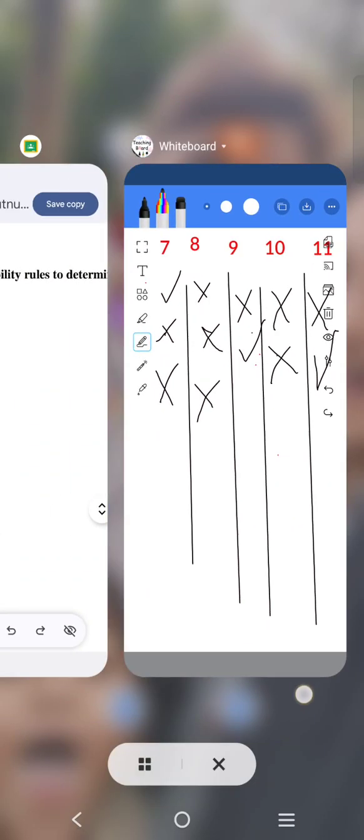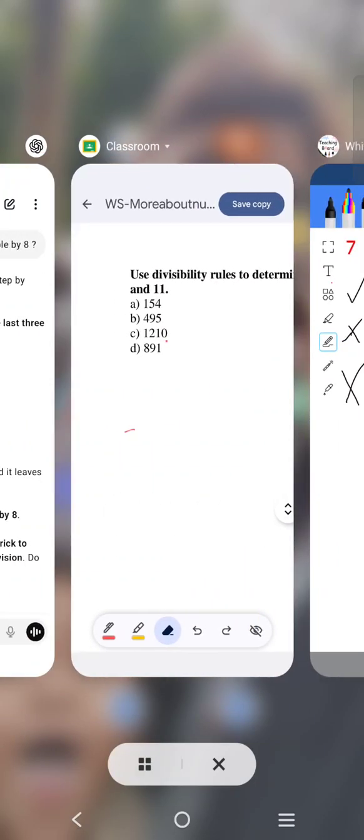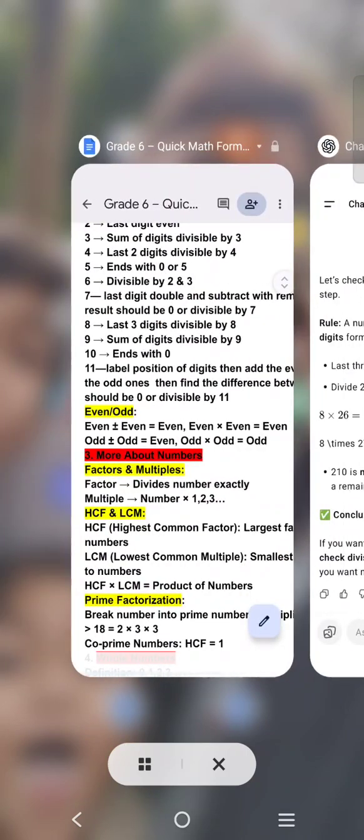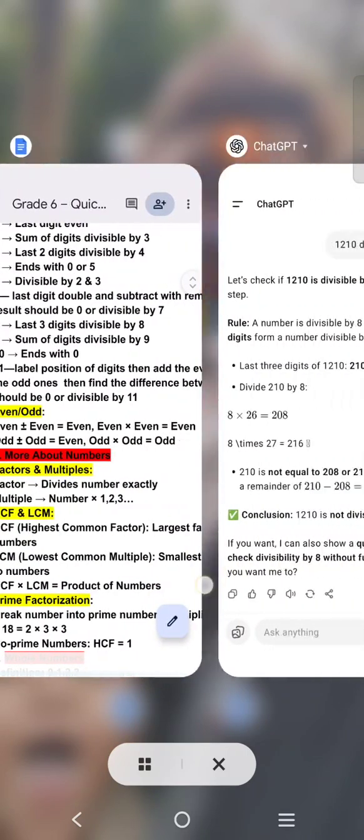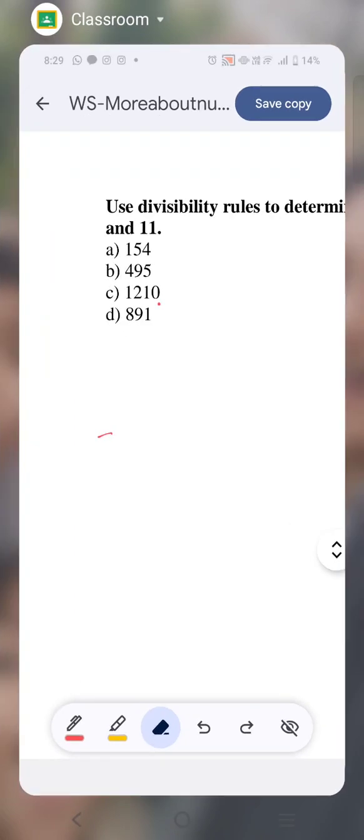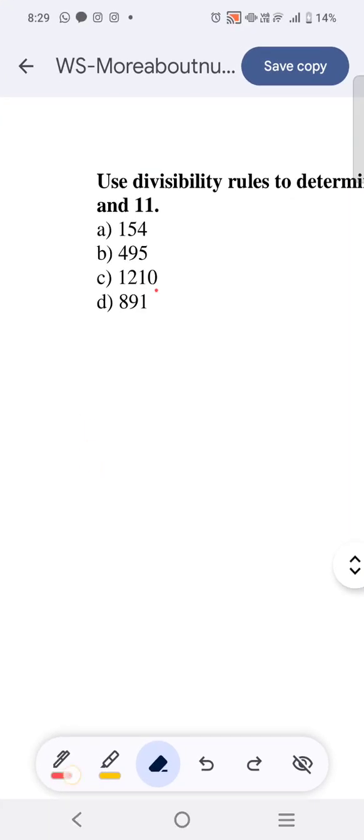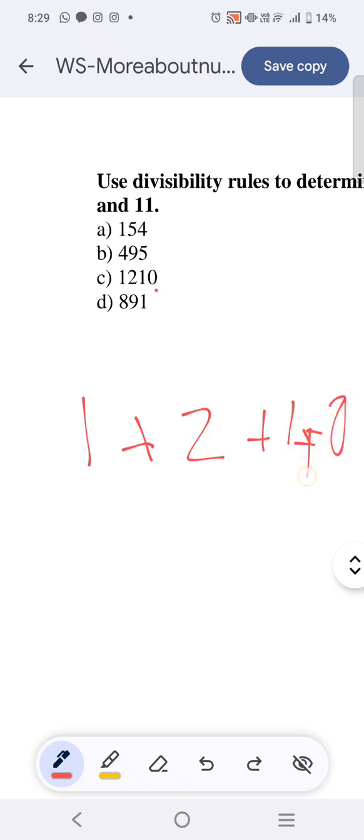Now let's go to the number 9. So the 9's rule is that the sum of digits should be divisible by 9. So we'll have to do 1 plus 2 plus 1 plus 0. Okay, 1 plus 2, 3, 3 plus 1, 4, 4 plus 0 is 4 only.